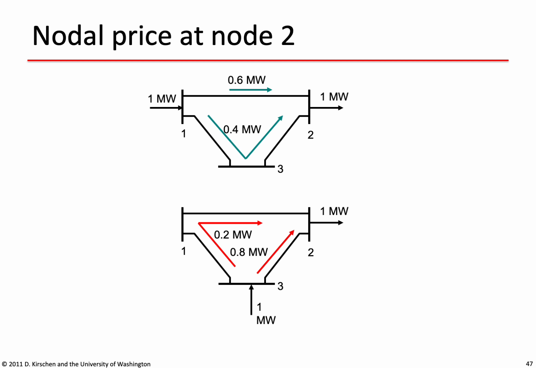So you can see that the flow that goes through line 1, 2 is not the same if we add a megawatt at bus 3 or add a megawatt at bus 1. So what we could do is combine an extra injection at bus 3 and a reduction in the injection at bus 1 to try to keep the flow in line 1, 2 constant.